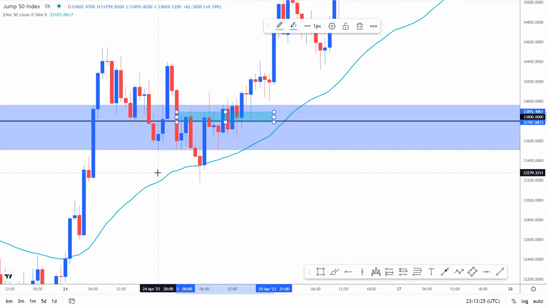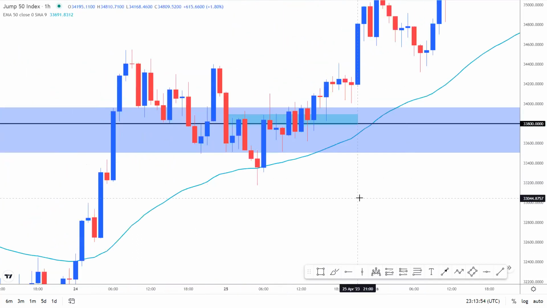If you move down to the 15 minutes and the 30 minutes time frame, you see this very clearly, but I don't want to go too deep into the smaller time frames. I was looking for price to trade above that level, shifting this temporary market structure from bearish to bullish, which price did.